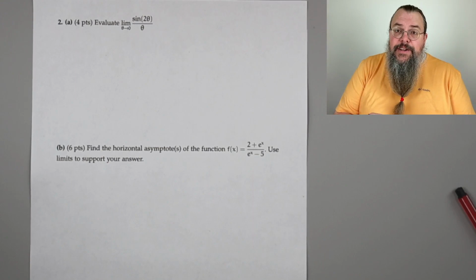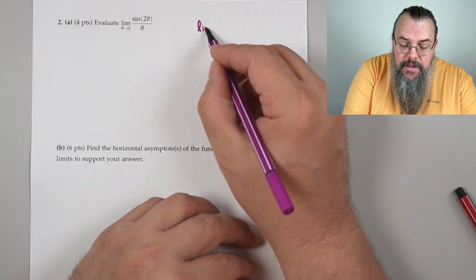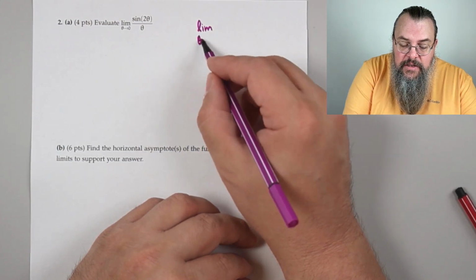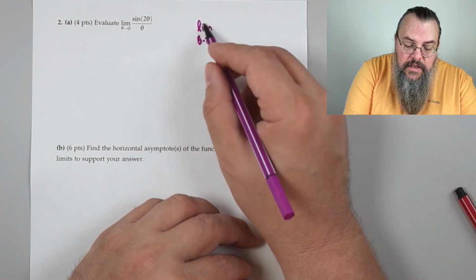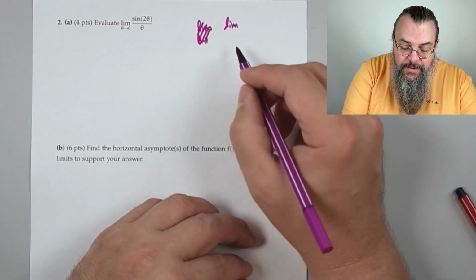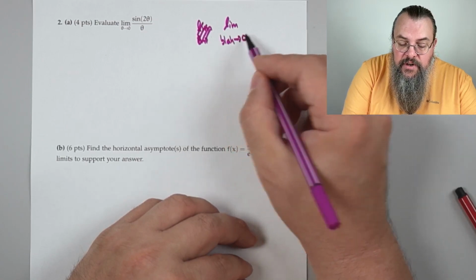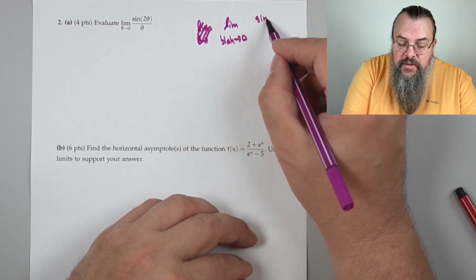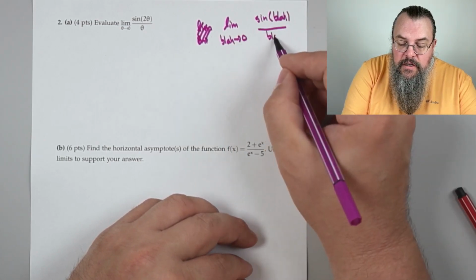There's this beautiful fact, and let's write it down so we have it for reference, namely the limit as theta goes to, well, let's not use theta. Let me rewrite it in the more mathematically interesting way. Limit as blah goes to 0 of sine of blah over blah.